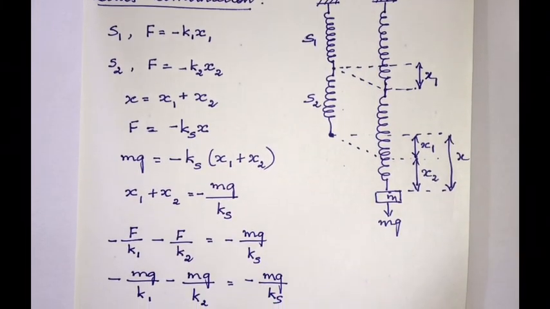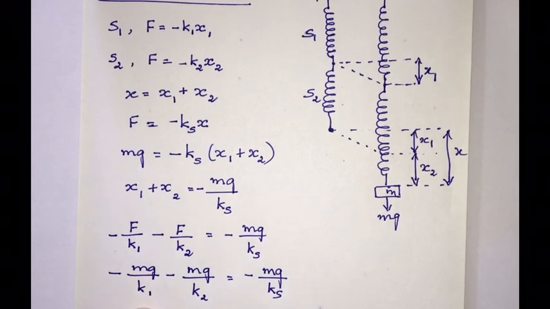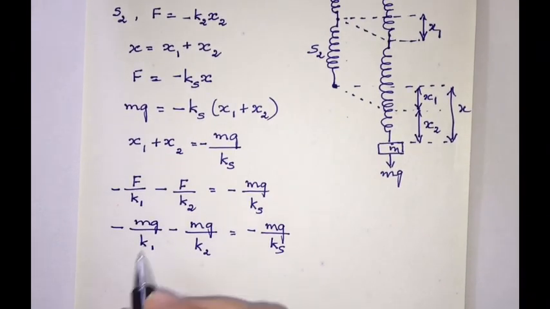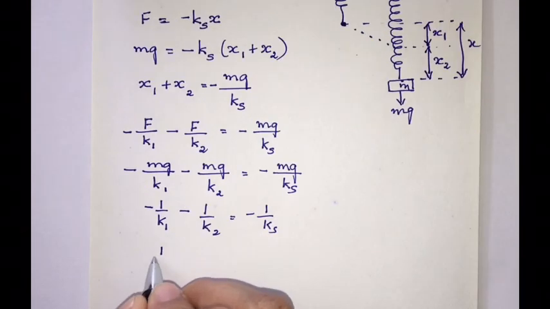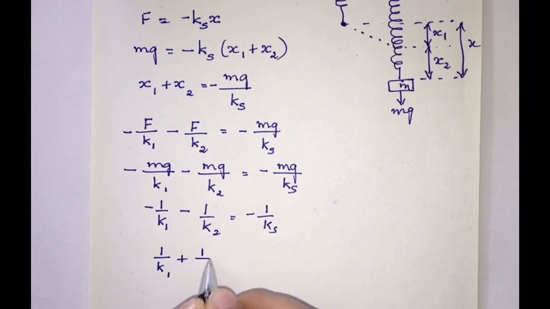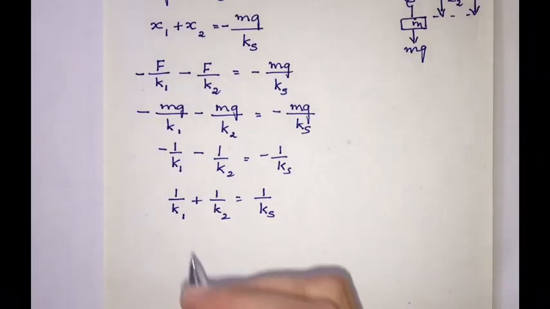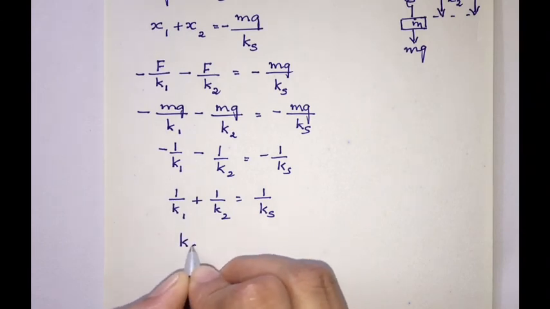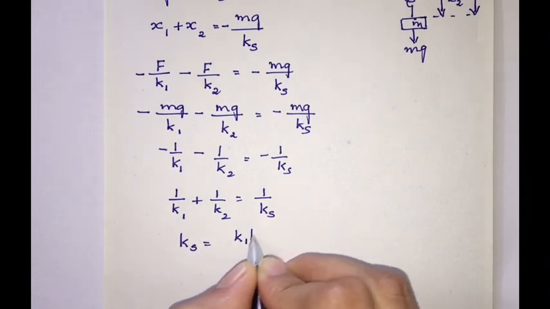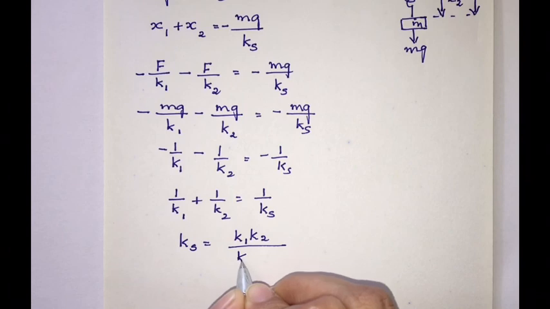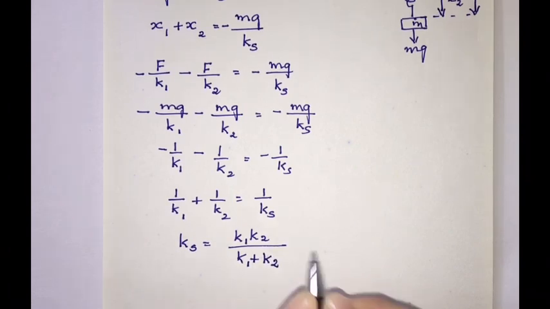So I can rewrite the equation as minus mg by k1 minus mg by k2 is equal to minus mg by Ks, or again as 1 by k1 plus 1 by k2 is equal to 1 by Ks. Or I can also rewrite this equation as Ks is equal to k1 k2 by k1 plus k2, that is in case of two springs.